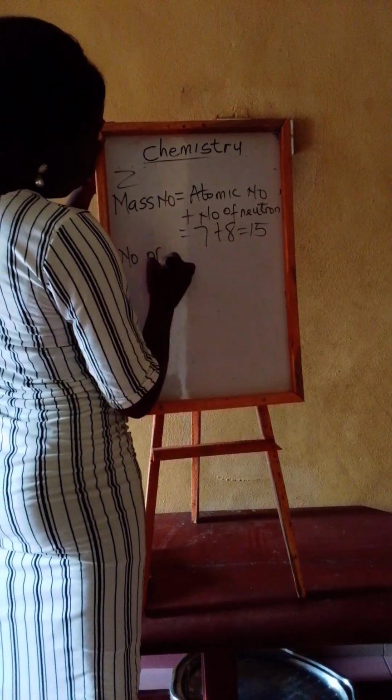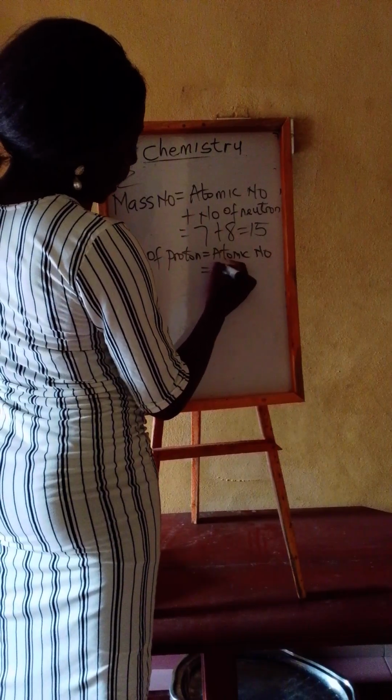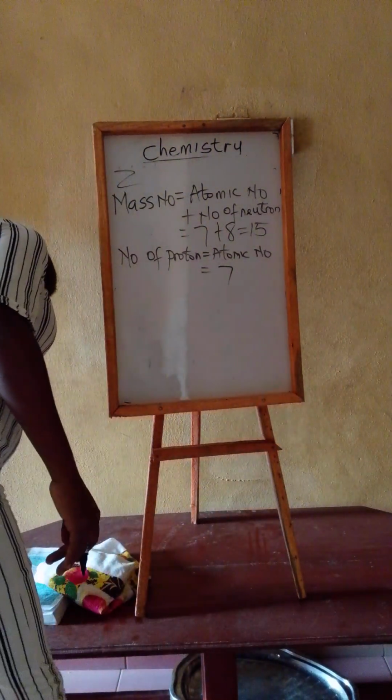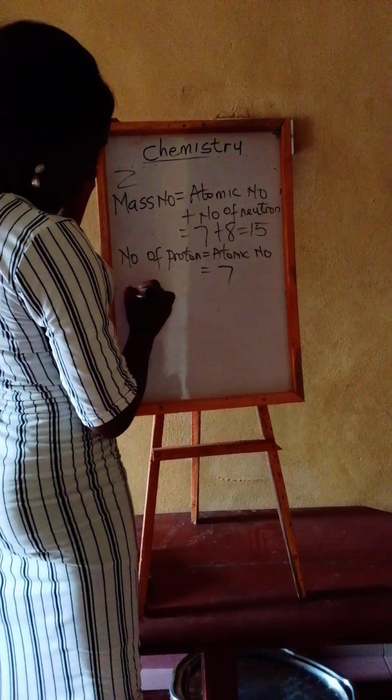So the question asks us to calculate the number of proton. Number of proton equals atomic number, and that is 7. So the last one is number of electron.